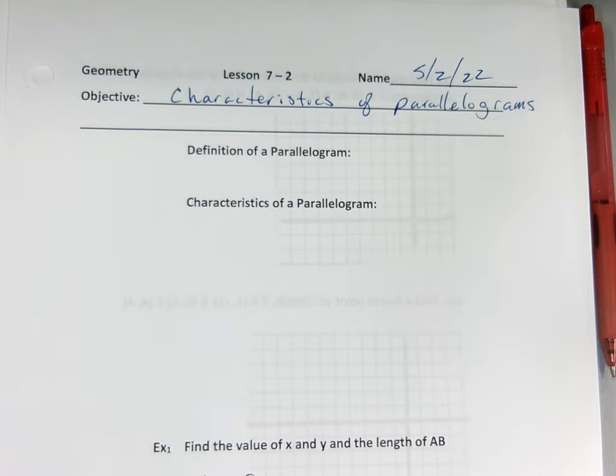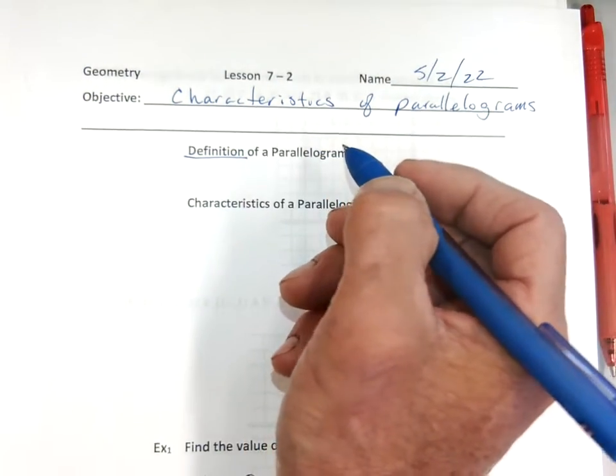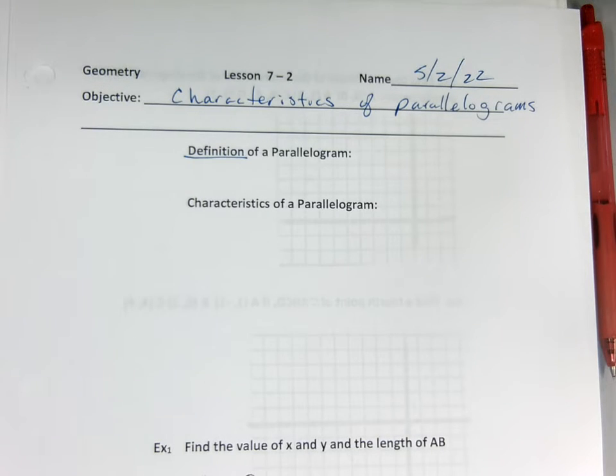There's a lot of things about parallelograms that are important. First of all, let's go straight to the definition. A parallelogram is called a parallelogram because of parallel sides. Does that make sense? That is its definition.